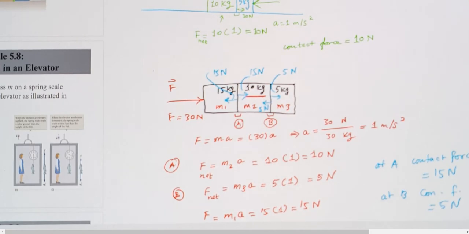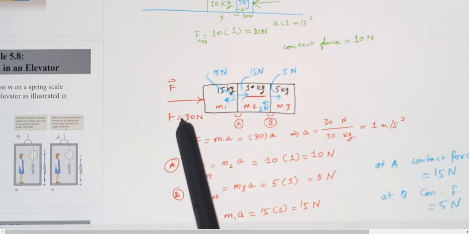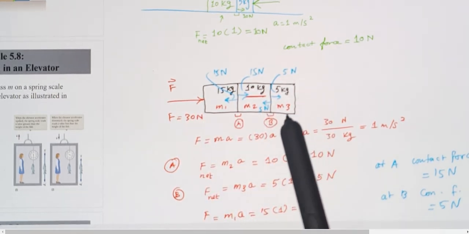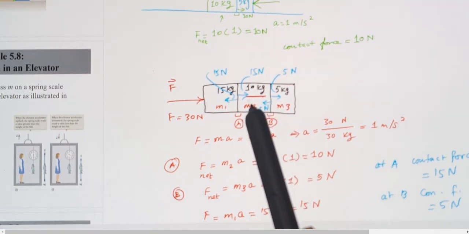Yeah, the box M2, from the left, contact force is 15, and from the right, contact force is 5. M2 will give to the left 15 Newton, and it will give to the right 5 Newton. So the net for M2 is 10 Newton.